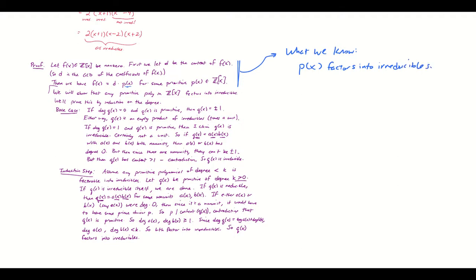And we also know that d, because d is an integer, factors into prime numbers. In other words, it factors into things that would be irreducible in Zx.